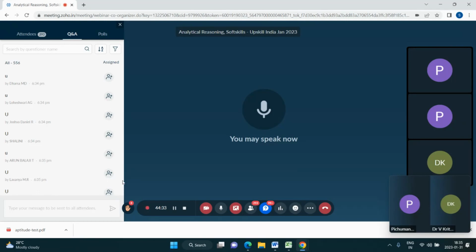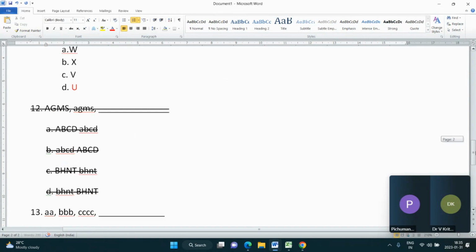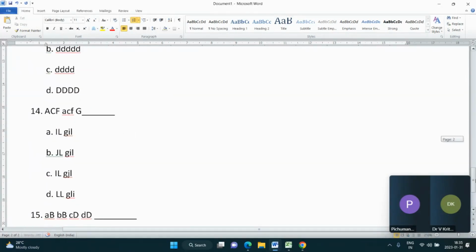Most of you have found out that it is the right character here. We will see one more example.